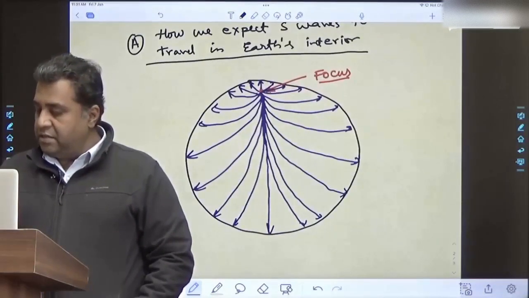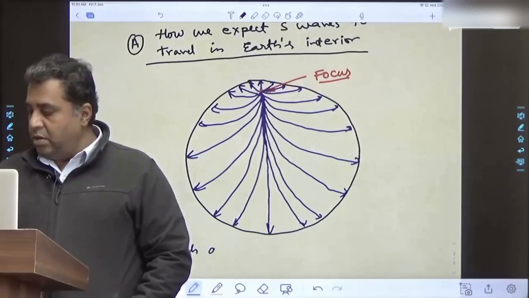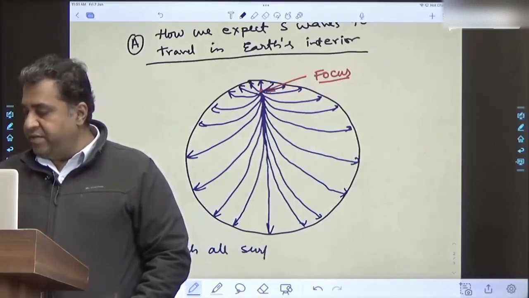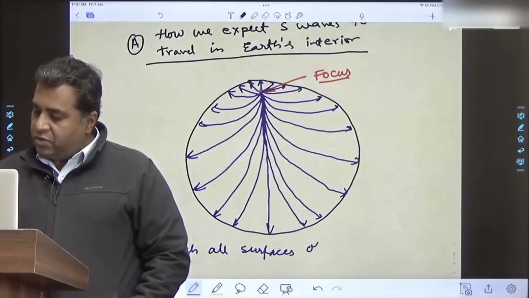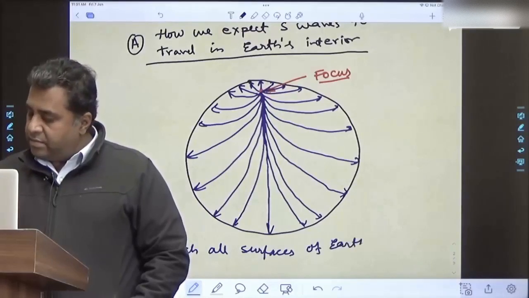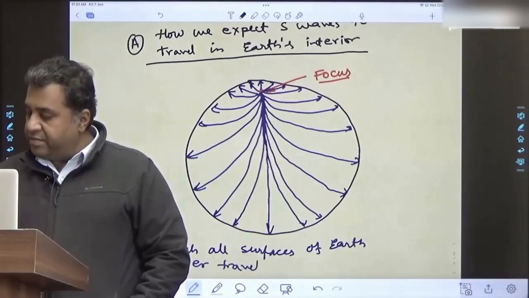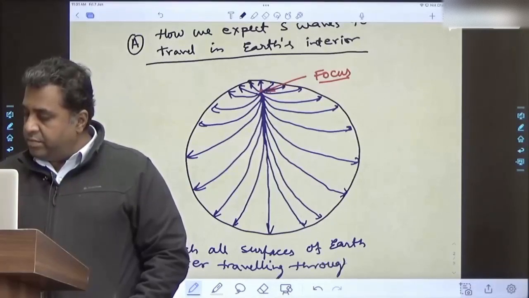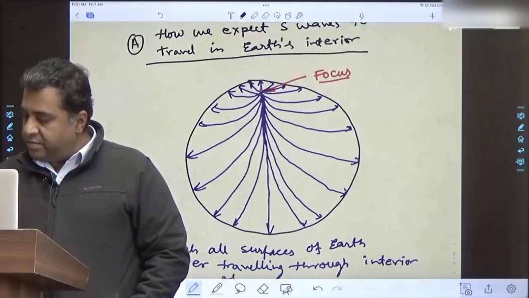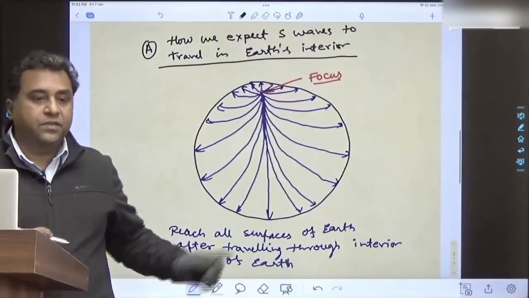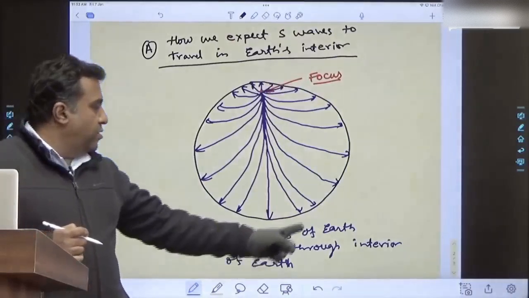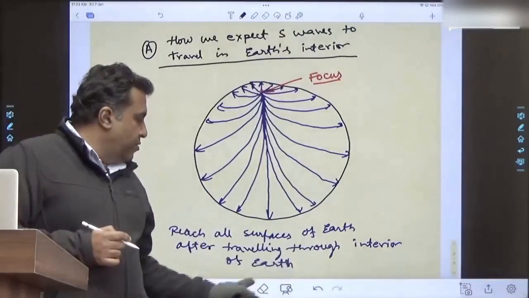and reach all surfaces of Earth after traveling through interior of Earth.